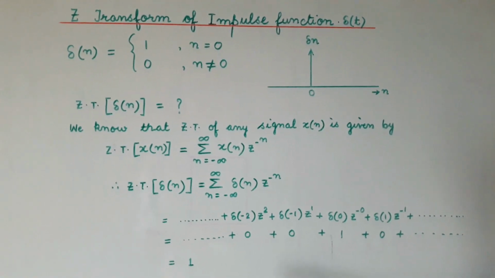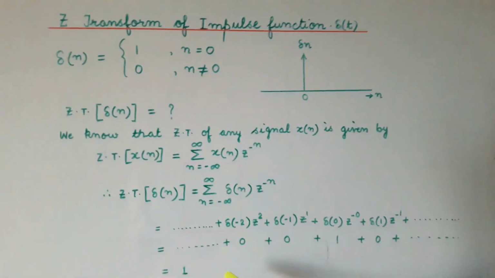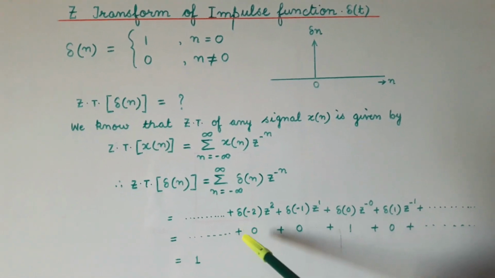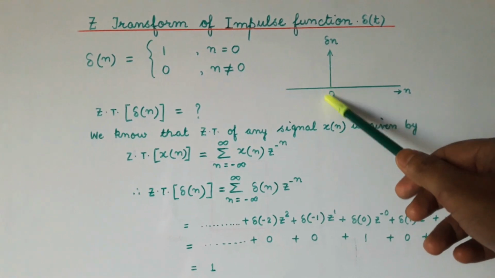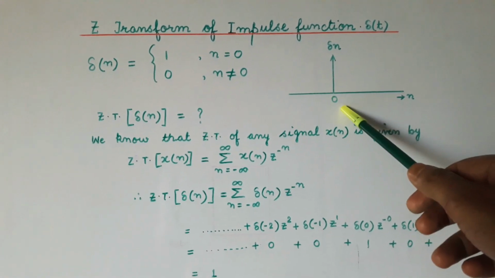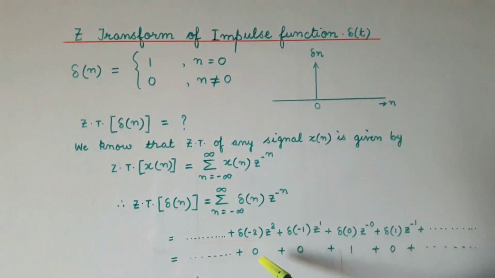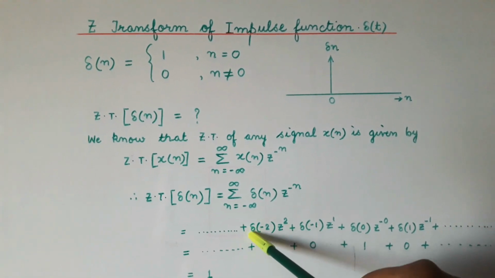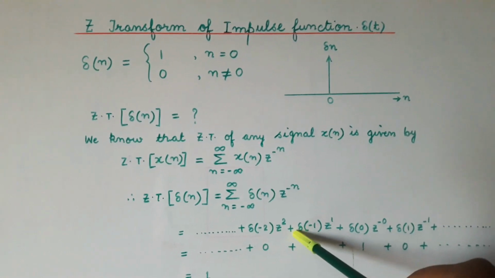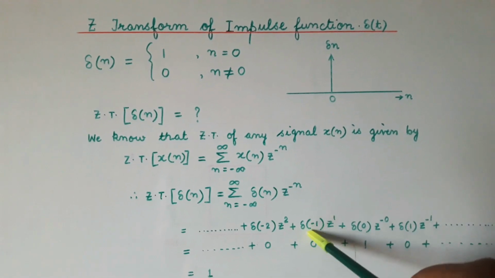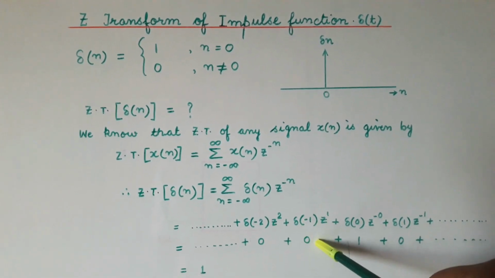Now, we see here that the value of delta exists only at 0, that is delta of 0. So, the value of delta of minus 2 will be equal to 0, so this term will be 0. Similarly, the value of delta of minus 1 will also be 0, so this term will also be 0.